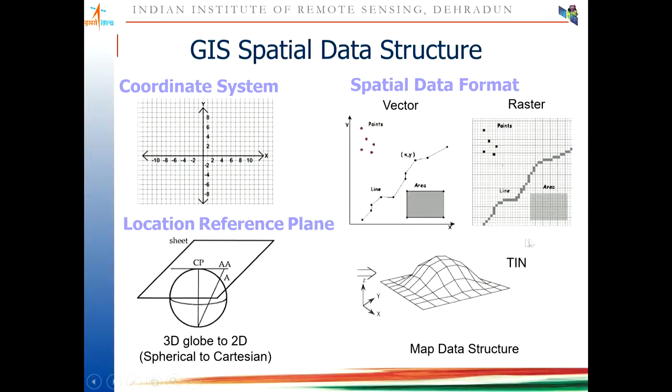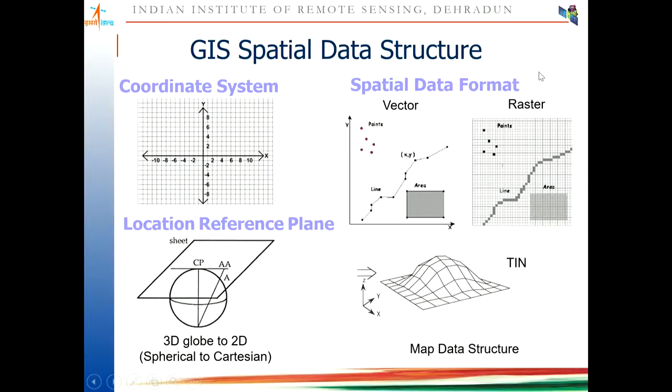So if somebody wants to store the dataset in raster format, they will store the whole plane at a specific resolution, or the size of each of those grids. And wherever no information is available, a no data value will be put. It's a specialized value. In other cases, wherever values are there, those cells get filled based on the attribute of that information.